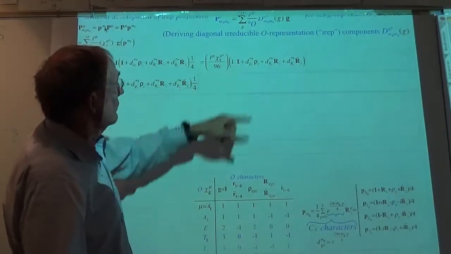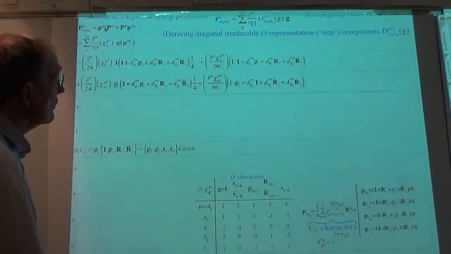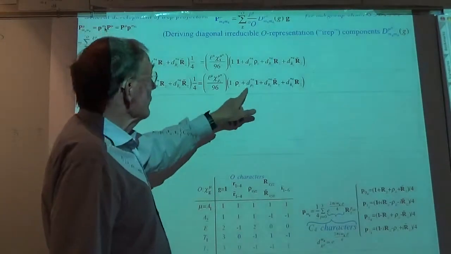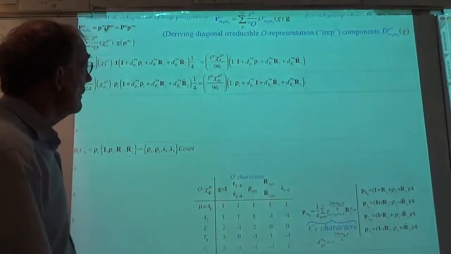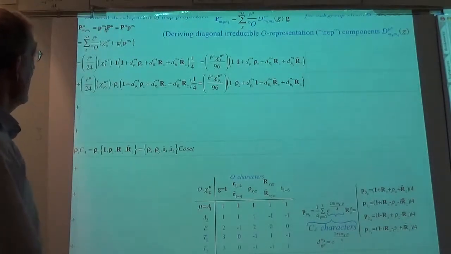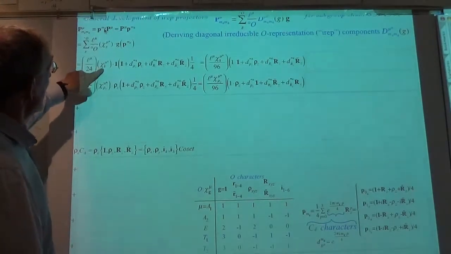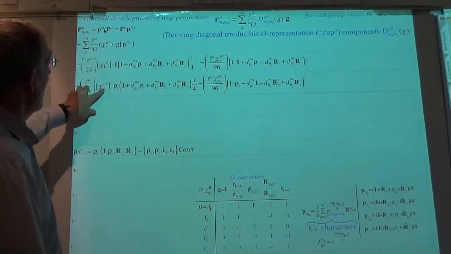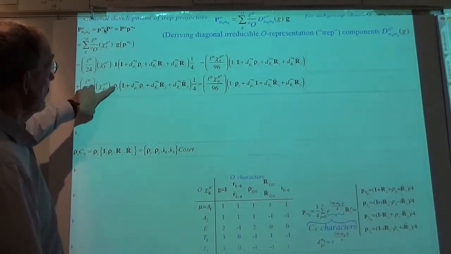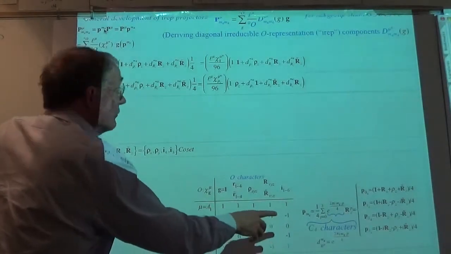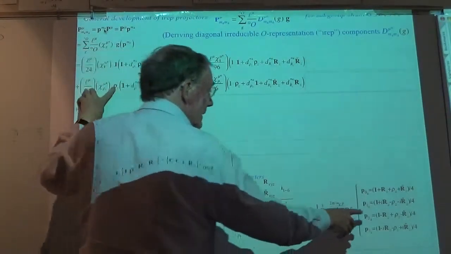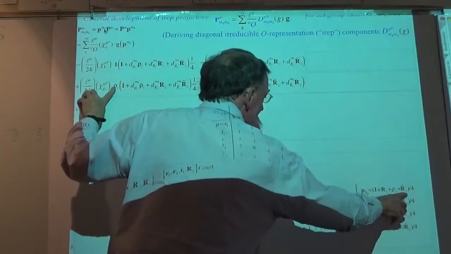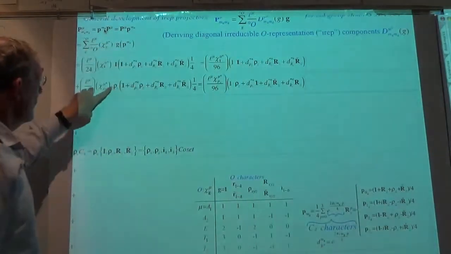I just wanted to show you that one to start with because we're going to make a whole bunch of these. Okay, now this is the next little piece to the projection operator from C4. Okay, the rho z, and then there's the RZ tilde.